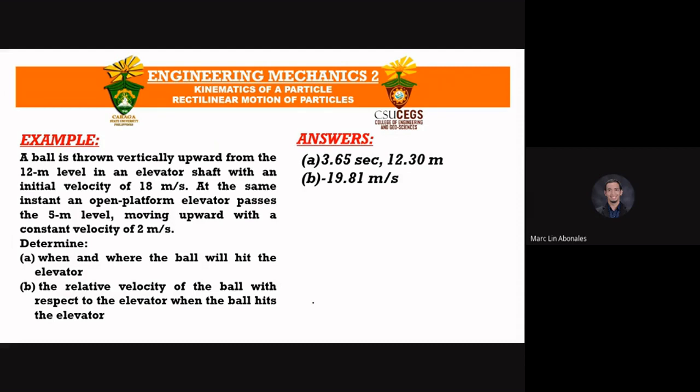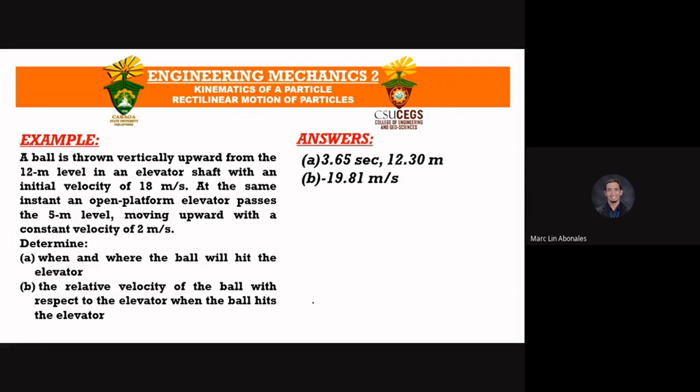It means na, kanusa o unsay final position sa ball o elevator kung asa mag-meet ang duwa. And lastly, we also determine the relative velocity of the ball with respect to the elevator when the ball hits the elevator.